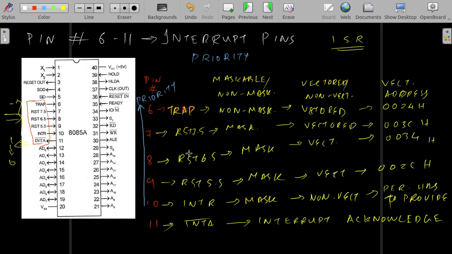When two or more interrupts are requested at the same time, depending on the priority, one of them will be entertained. So TRAP is the highest priority interrupt, which is non-maskable and vectored. Whenever TRAP is there, no matter what the condition of the processor is, that interrupt has to be executed. Usually it is used for critical system interrupts like a power failure or overheating or something like that.